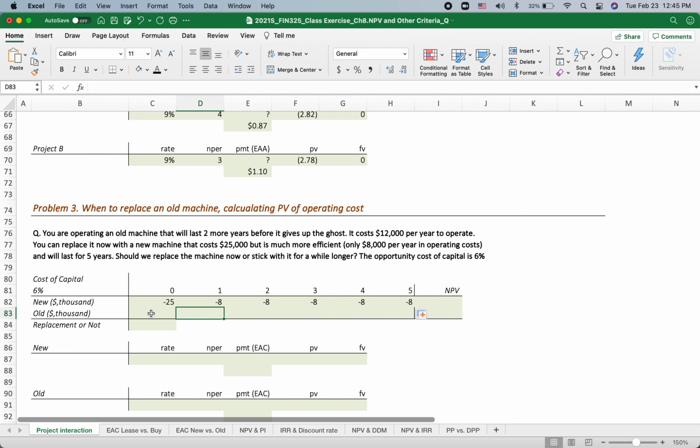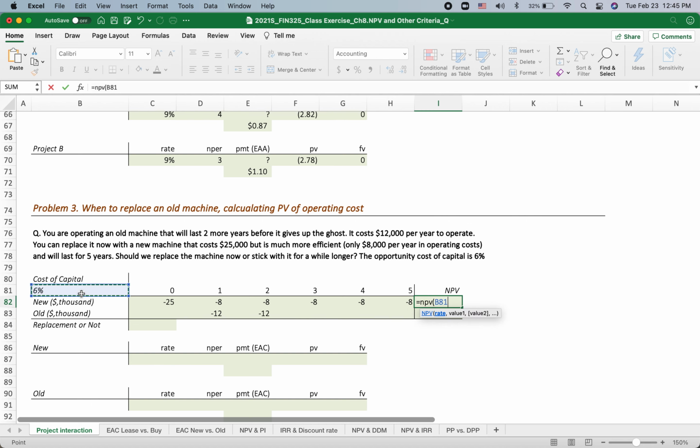But the old machine at this moment, we don't have to pay anything, but we have to spend the operating cost, 12. We want to avoid this $12,000 operating cost every year from the old machine by replacing it with this new machine. But you have to spend $25,000 for the machine cost, and that operating cost that you want to decrease lower than this $12,000. That's the point. Now let's calculate the NPV then.